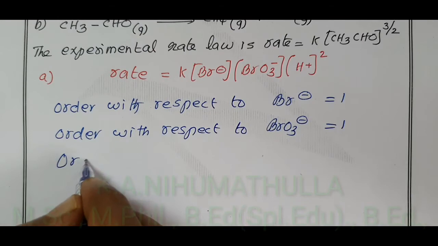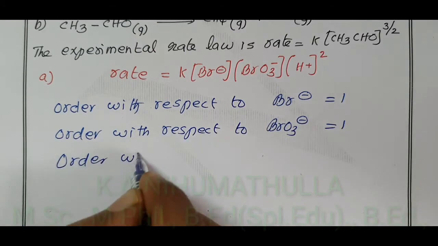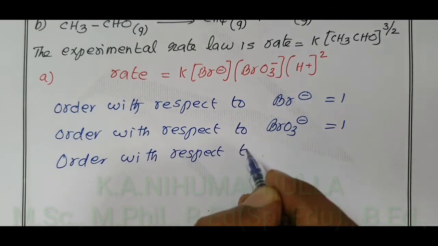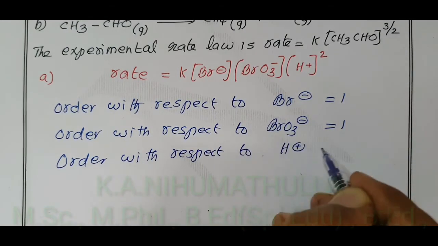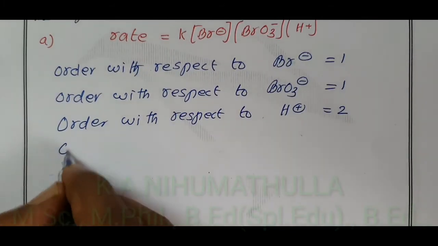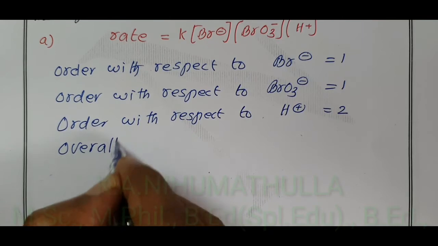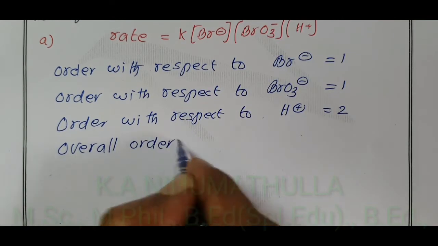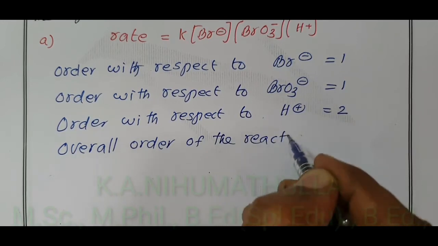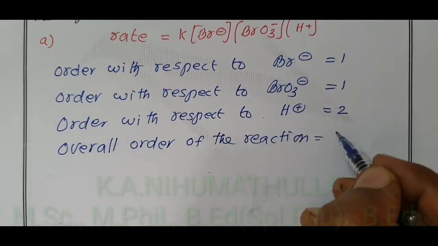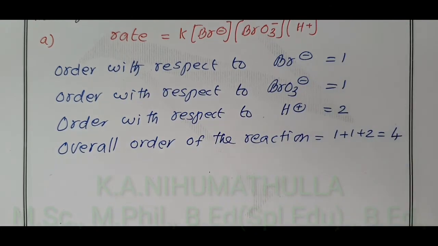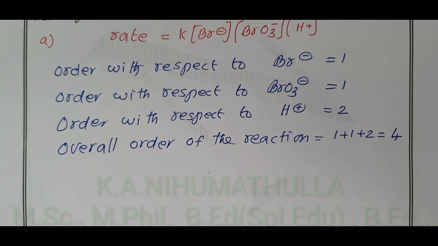Order with respect to the acidic medium, H plus ion, is equal to 2. Now, overall order is always for the whole reaction, equal to 1 plus 1 plus 2 equal to 4. So, the total overall order of the given reaction is 4.